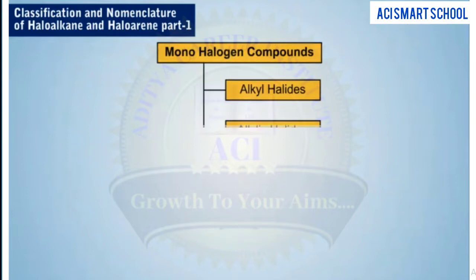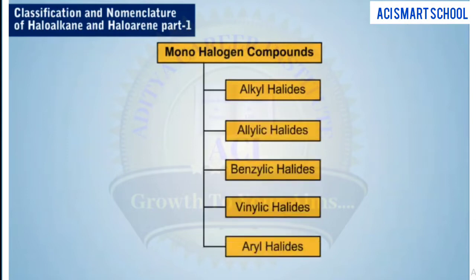Based on the hybridization of the carbon atom to which the halogen atom is bonded, monohalo compounds are classified as alkyl halides, allylic halides, benzylic halides, vinylic halides, and aryl halides.